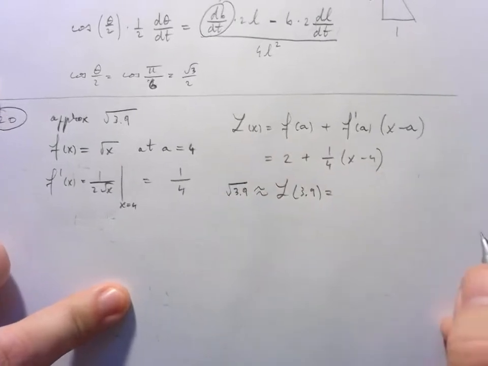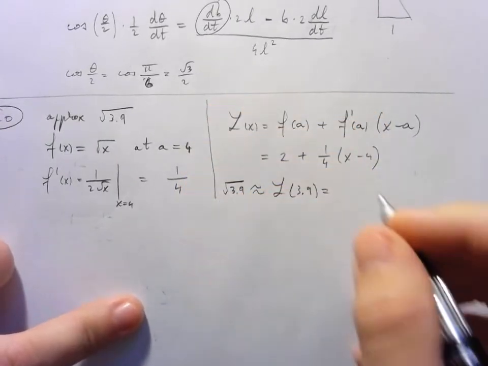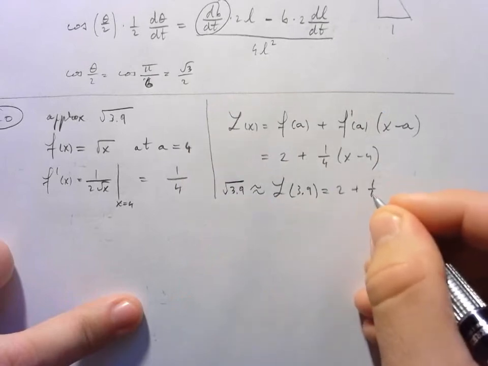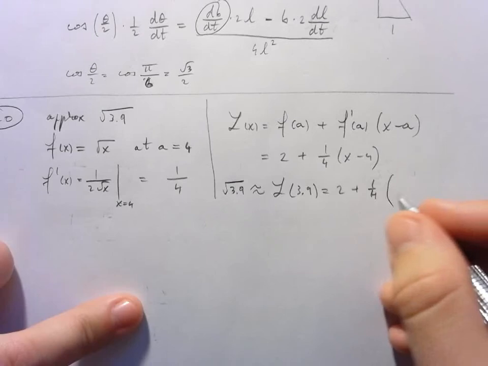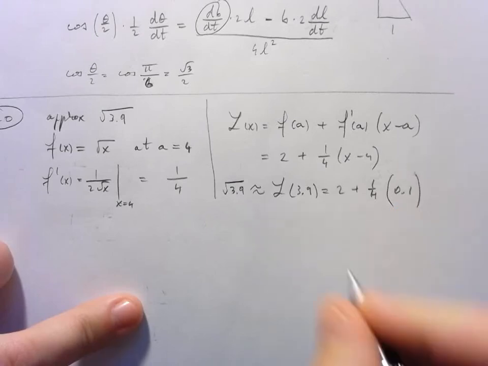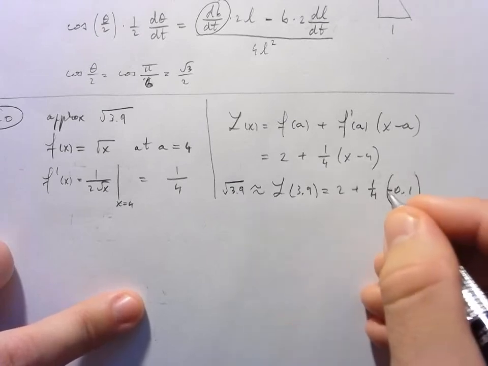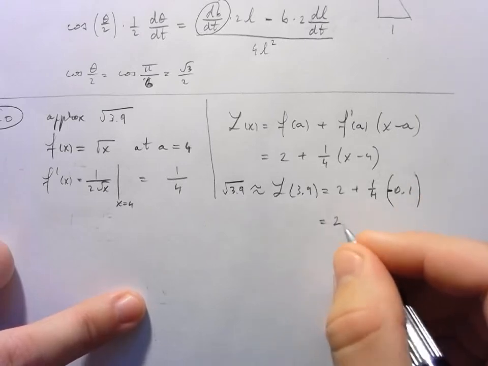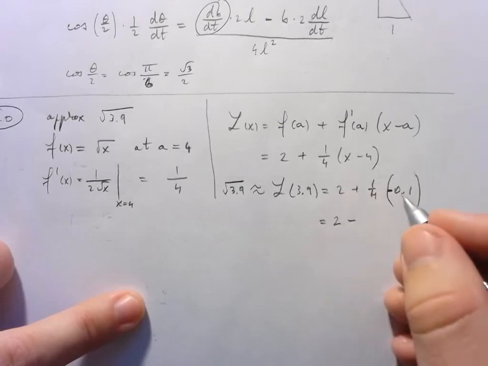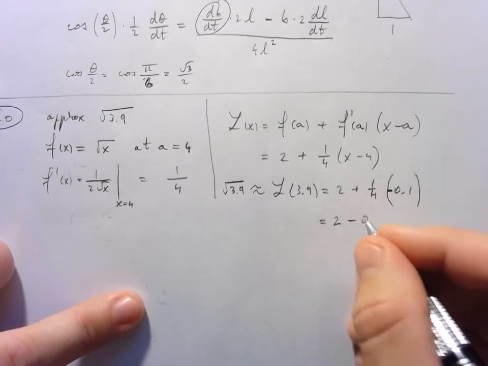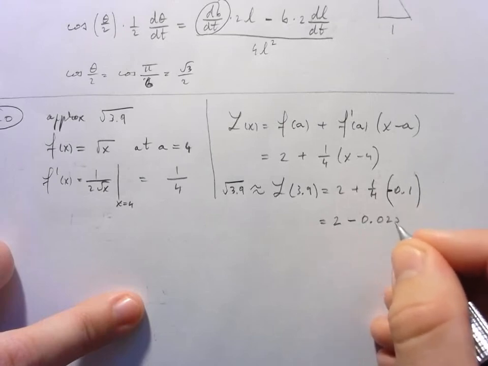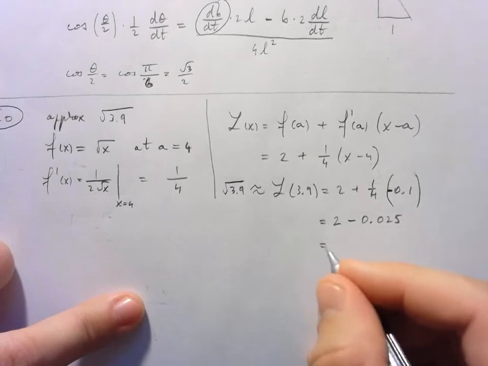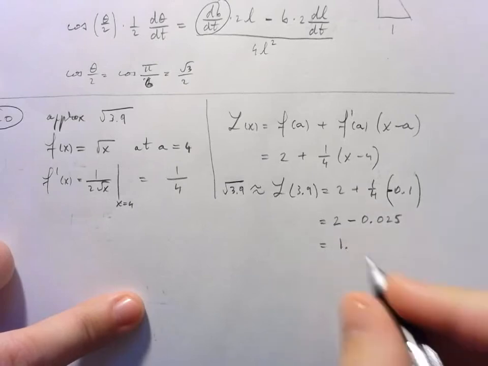Okay, so when I plug in, what I end up with is 2 plus a quarter times negative 0.1, my bad, because I'm subtracting 4. So this is going to be 2 minus 0.1 divided by 4 is 0.025, right? So this is 1. What is it?